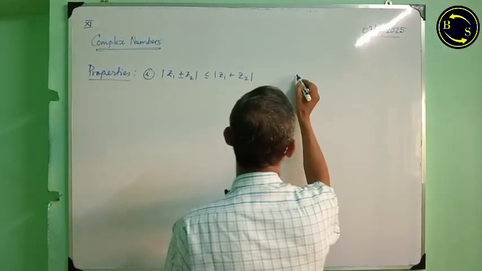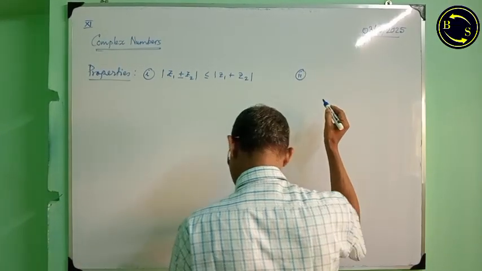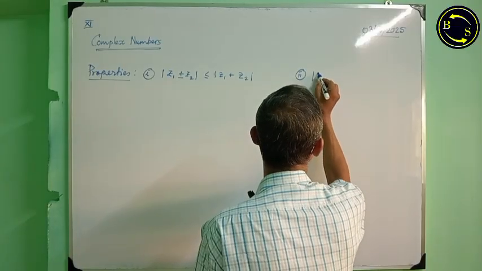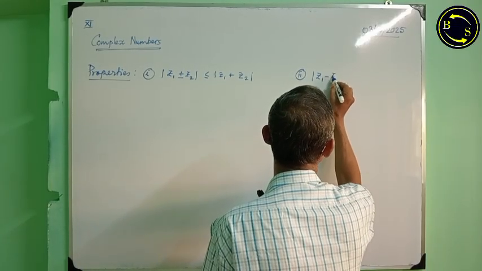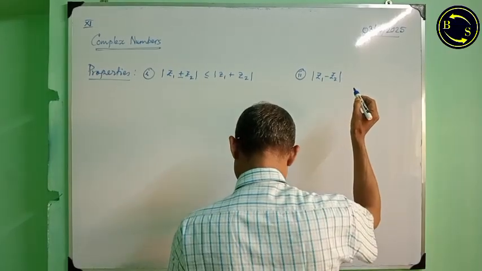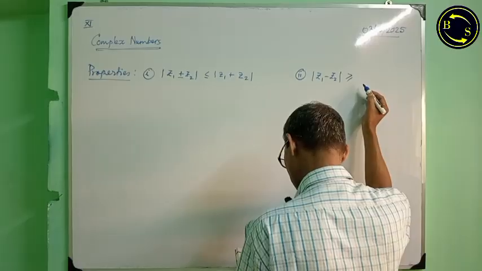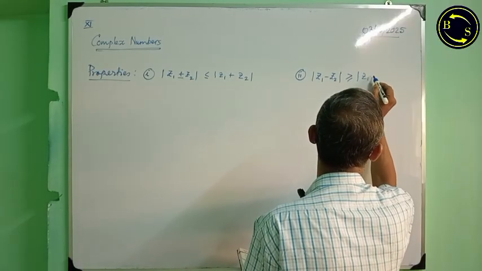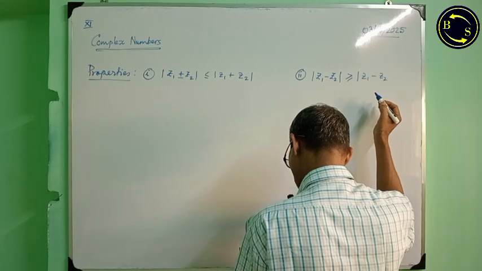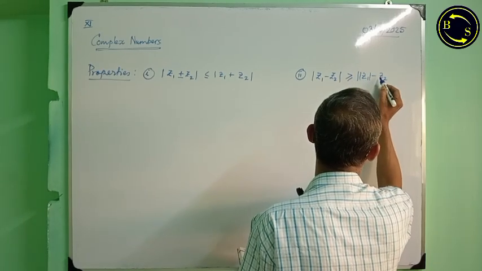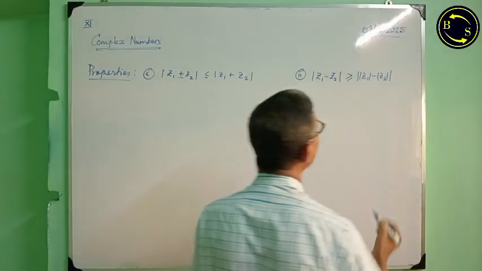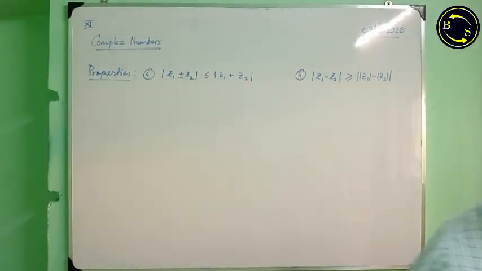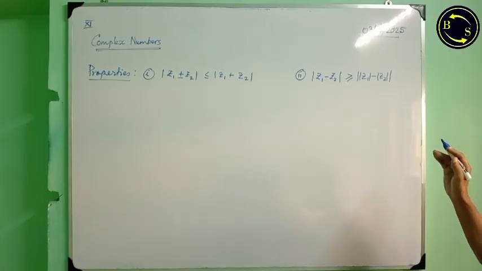Then number 2: modulus of Z1 minus Z2 is greater than or equal to the modulus of the difference of modulus Z1 and modulus Z2.